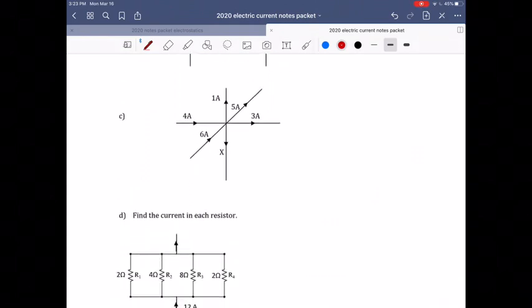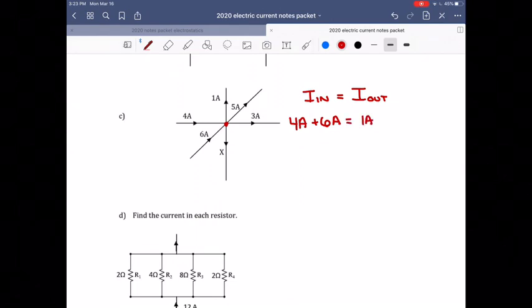All right, if you look at letter C, we have quite a few wires all connected at this central point. And we might need to make a little list over here so we could keep track. Current going in has to equal current going out. So looking at the arrows pointing into the junction, I have a 4 amp and a 6 amp, and then it looks like everything else is leaving.